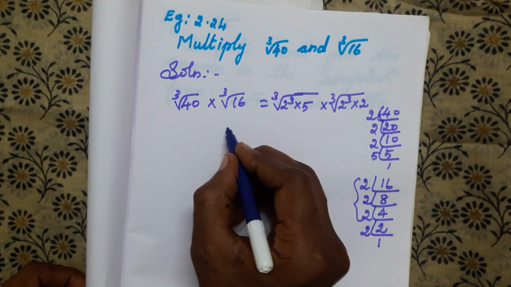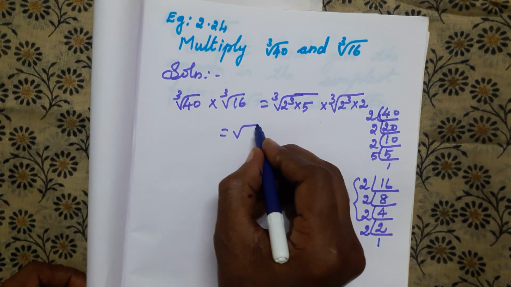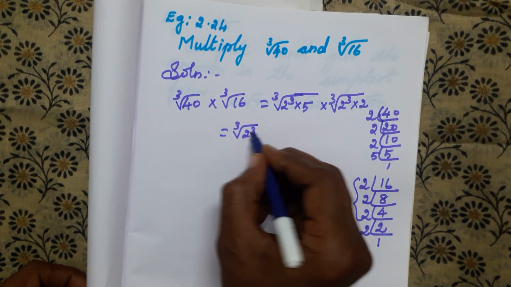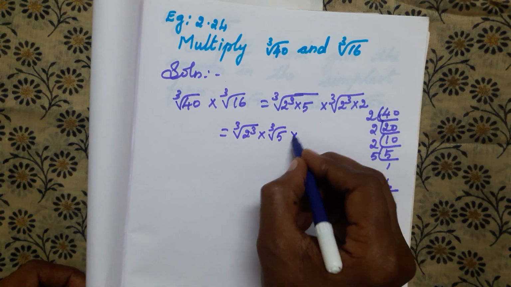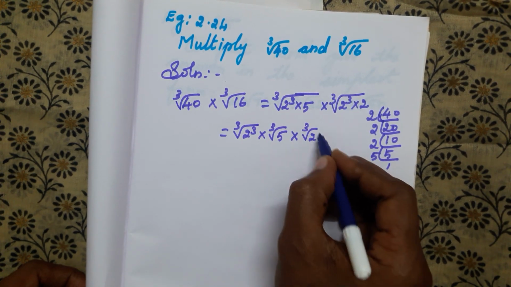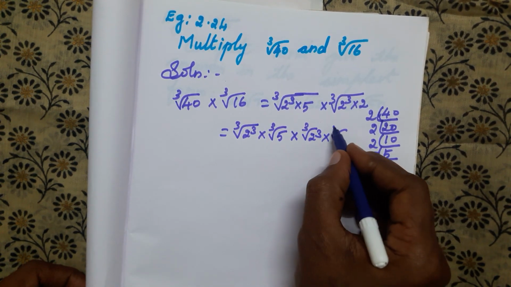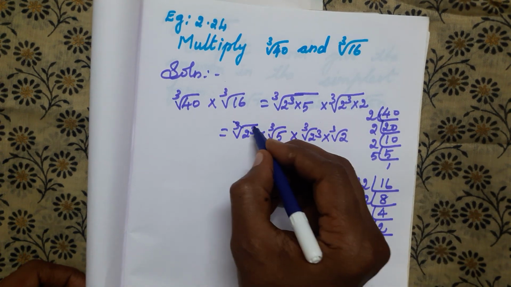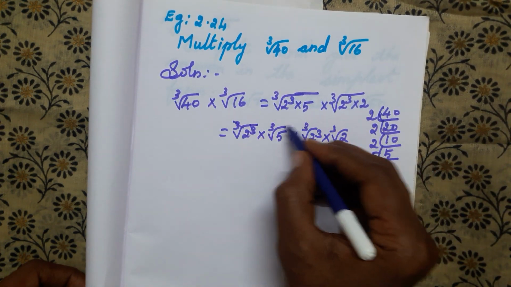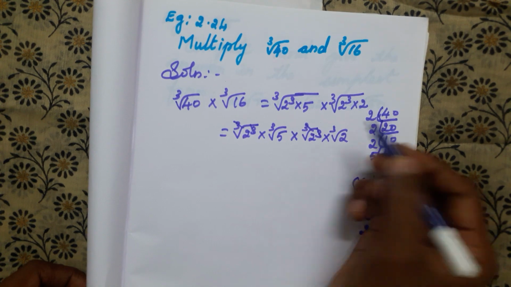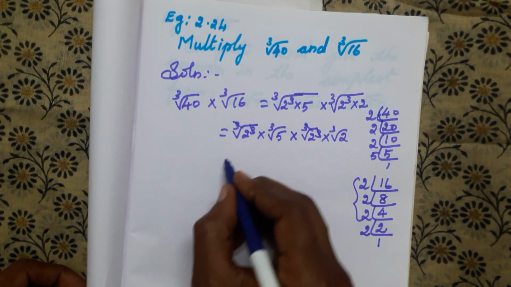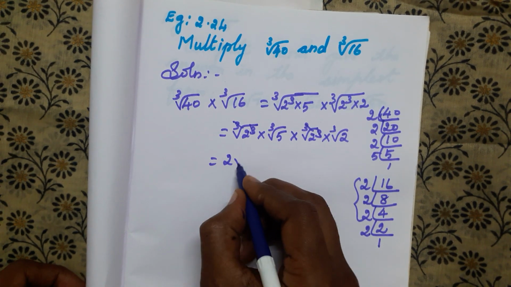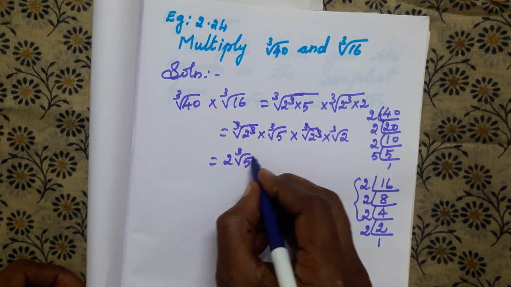Next, we can write cube root of 2 cube into cube root of 5 into cube root of 2 cube into cube root of 2. Here the power as well as order are the same. Here also power and order are the same. So we can write it as 2 cube root of 5.